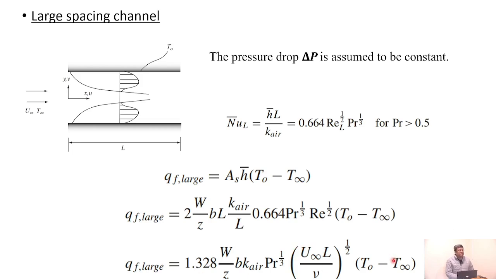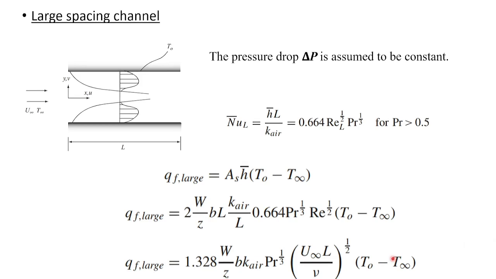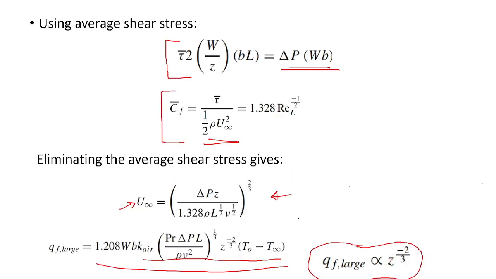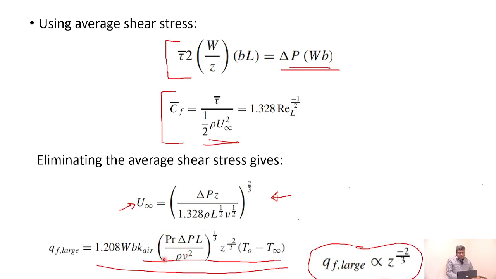This is what we are targeting. This is QF large. This is the heat transfer of a large spacing. And once you do this, then you get something like this. QF large is proportional to, according to whatever we have done, z to the power minus 2 by 3.